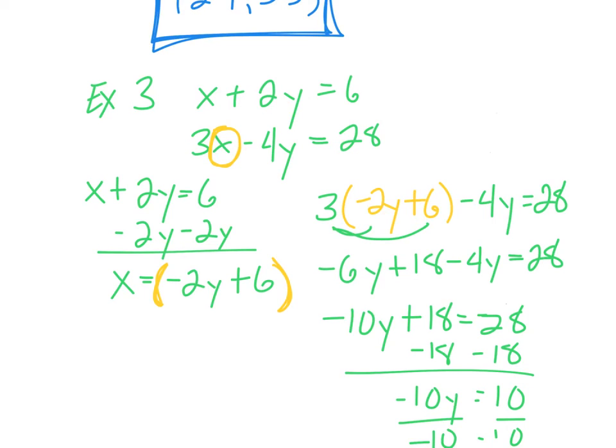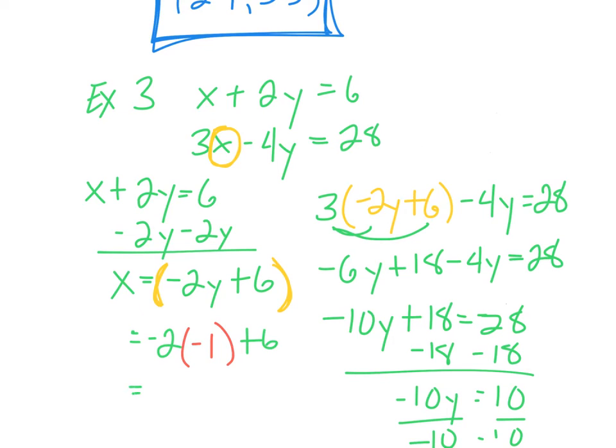So x, of course, is going to be equal to -2, and then I'll be replacing the y with a -1. Let's clean that up a little bit. So again, x is equal to -2 times -1, and then we're adding the 6.